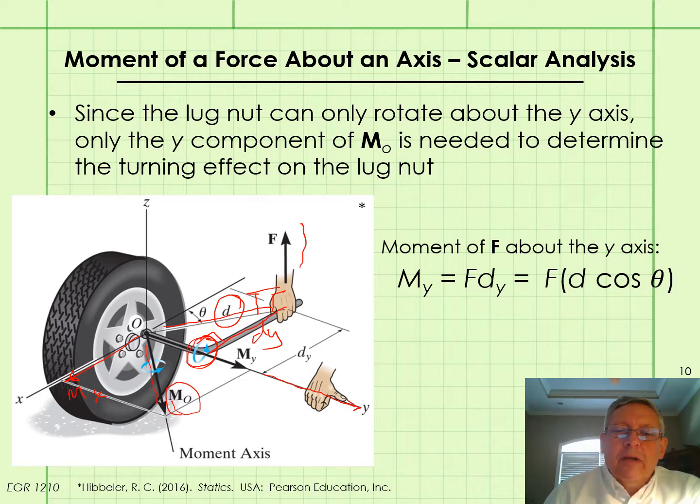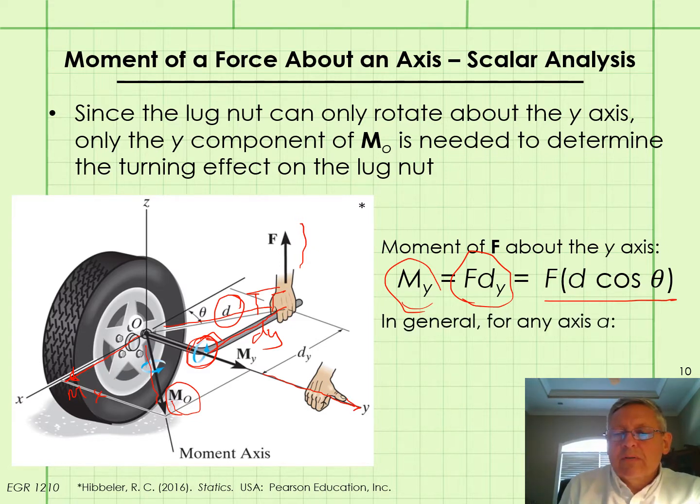So the moment about the y-axis, which is F times the perpendicular distance between the force and the y-axis, is equal to F times d cos theta. So in general, for any axis, the moment of a force about that axis is going to be equal to the force times the perpendicular distance between the force and the axis.